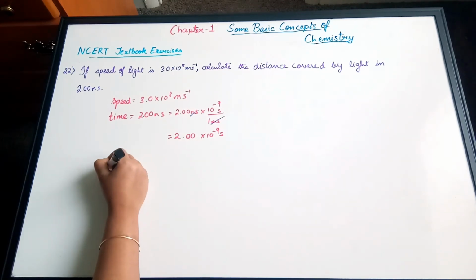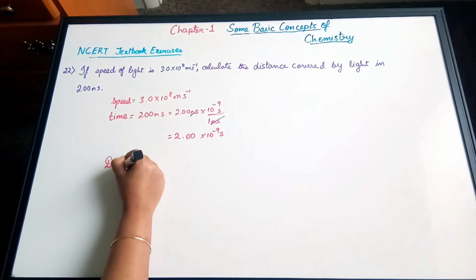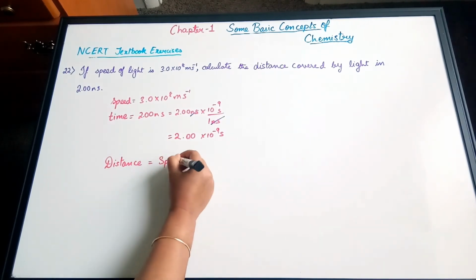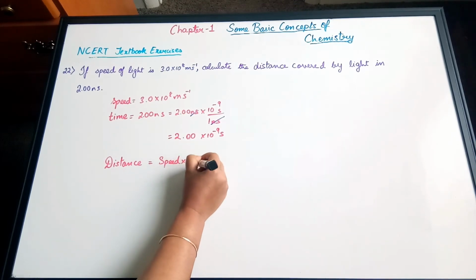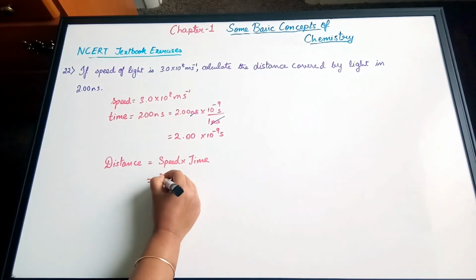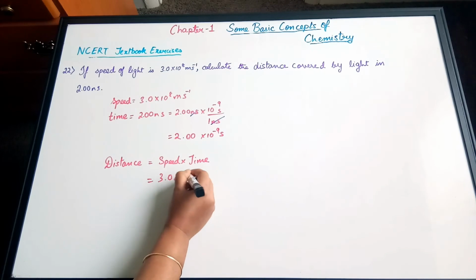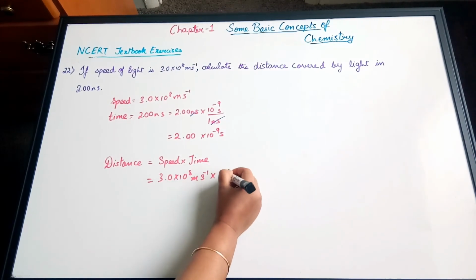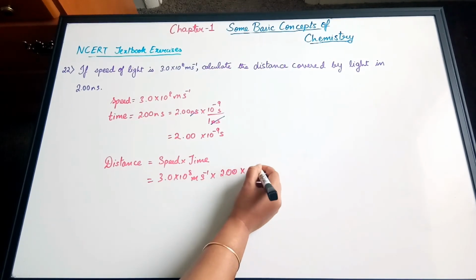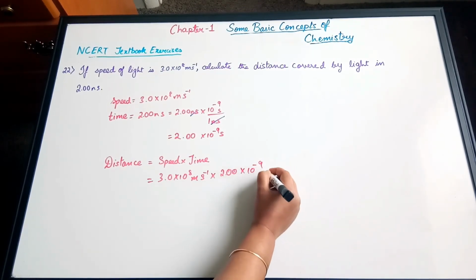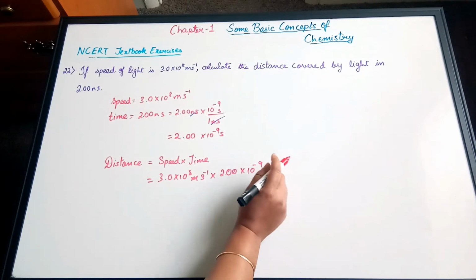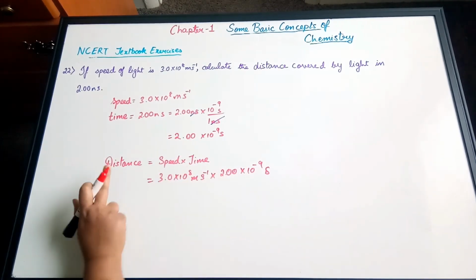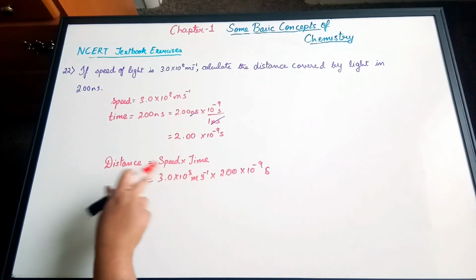So distance will be equal to speed into time. So that's 3.0 into 10 to the power 8 meters per second into 2.00 into 10 to the power minus 9 second. So here the second inverse and second will get cancelled, leaving behind meters, which is the unit for distance.